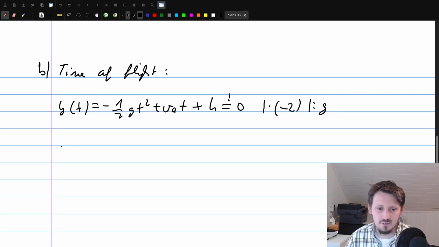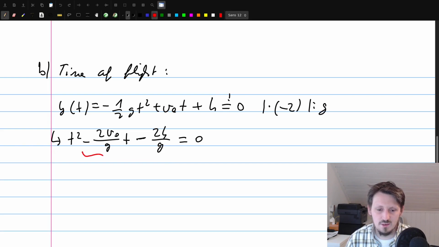This means that now we have t square minus 2v0 over g, t minus 2h over g, and this has to be equal to 0. So now we can directly take our PQ formula.